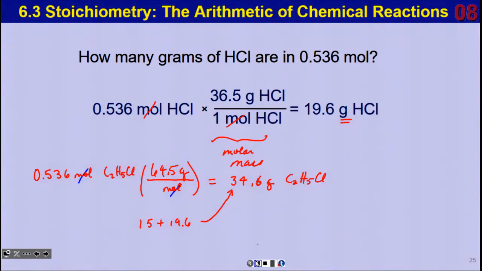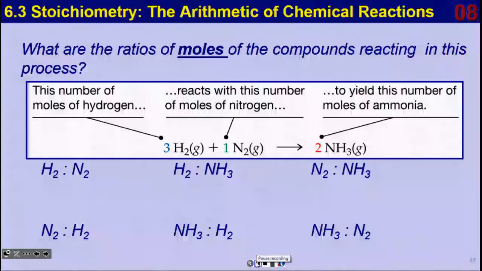What about the ones that are not, and how will we deal with them? We are going to look at the balanced equation and do what we call a ratio of moles, mole ratios of compounds reacting in a process. So here's another reaction. Hydrogen reacting with nitrogen to make ammonia. So 3 moles of hydrogen react with 1 mole of nitrogen to get 2 moles of ammonia.